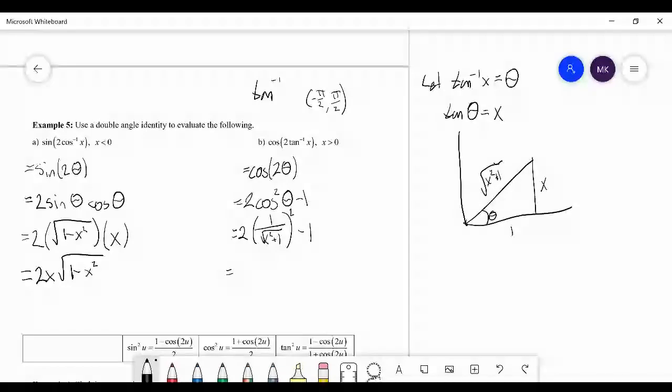Oh, this is squared, sorry about that. So this becomes 2 times 1 over x squared plus 1, minus 1.